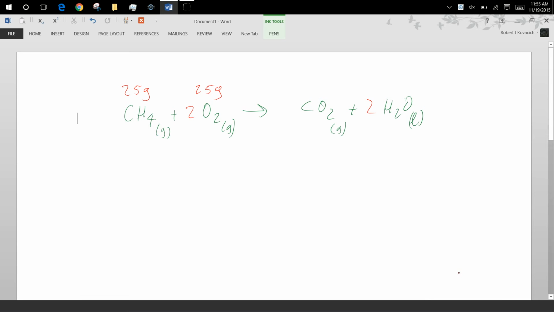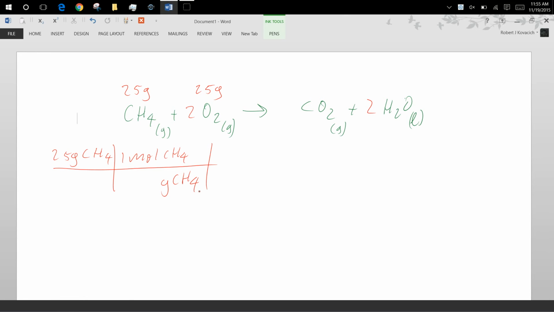Alright, so then I'm going to need to do 2 calculations. I'll use the railroad track method. So I've got 25 grams of methane and 1 mole of methane. The gram number for this methane is going to be the mass off of the periodic table.